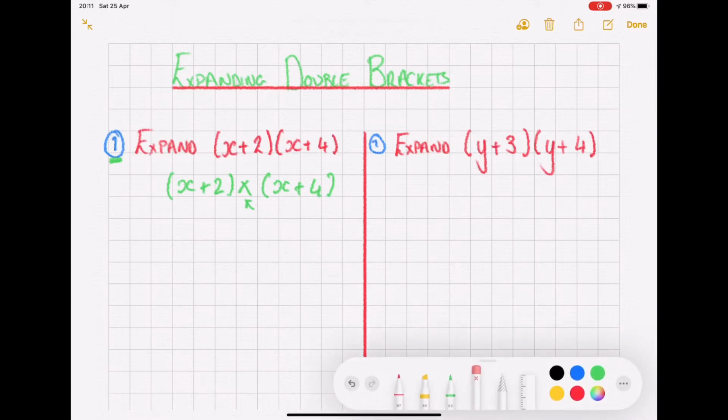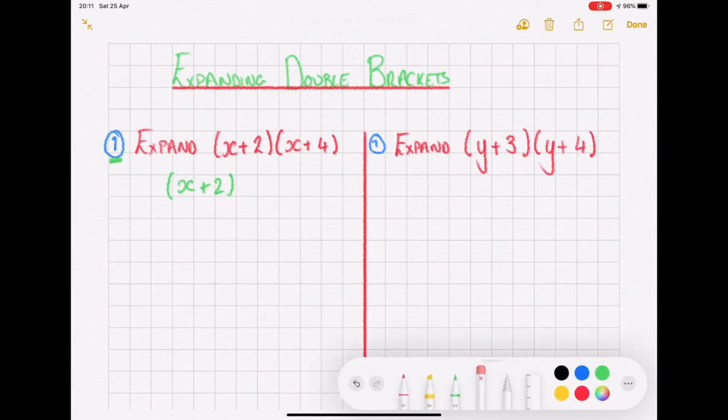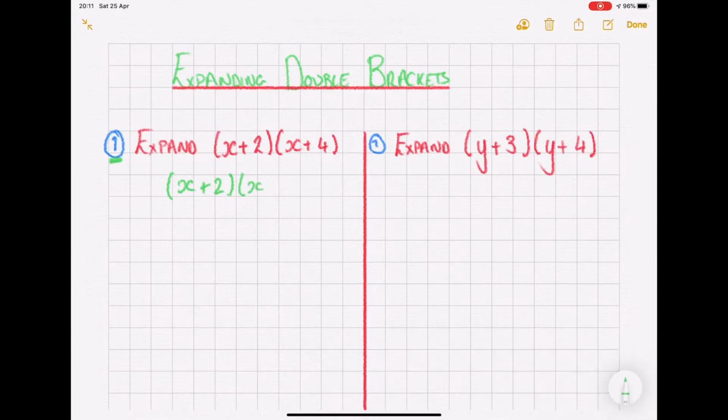So often what we do is we just get rid of that x and we just squish them together to get x plus 4 like that. So whenever you see two things touching, you have to remember that there's a multiplication sign just in there like that. Okay, so the aim of this expanding is to times this bracket by this bracket.